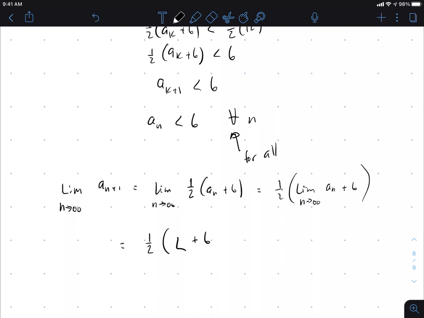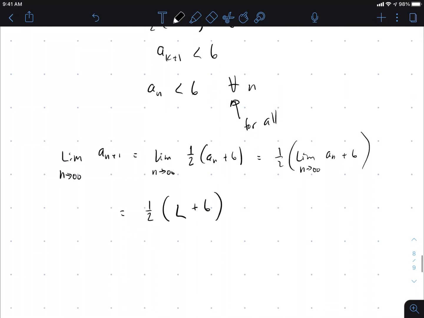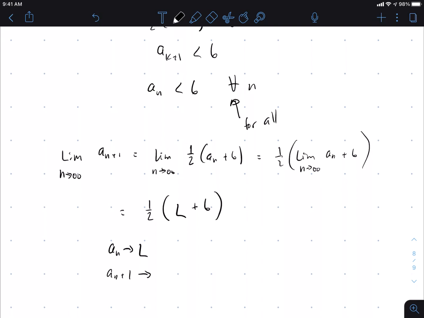And don't we know that since a sub n is going towards L, it follows then that a sub n plus 1 should also go to L, right?